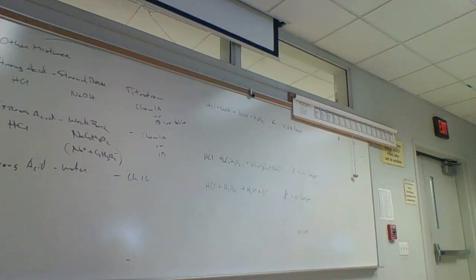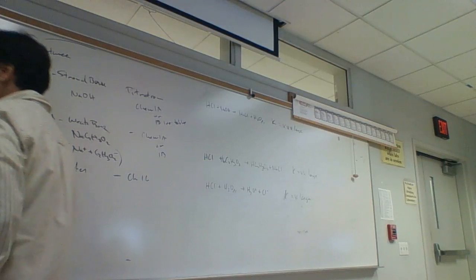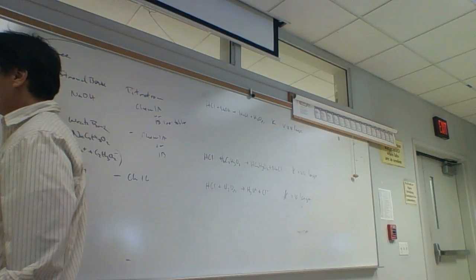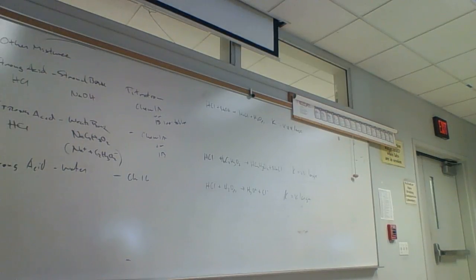Or we could have a strong base plus water. Say I have sodium hydroxide plus water. What would K for that be? This one we recognize, because you know what reaction this is.